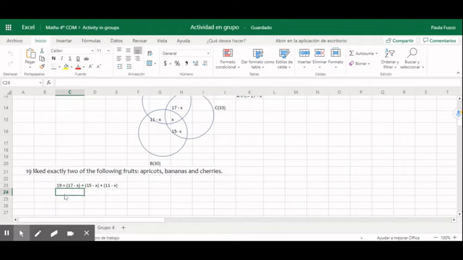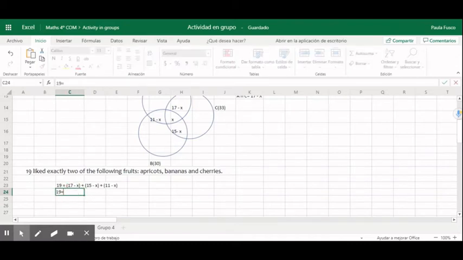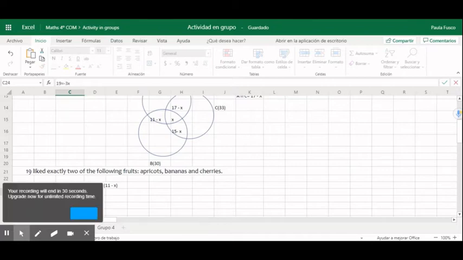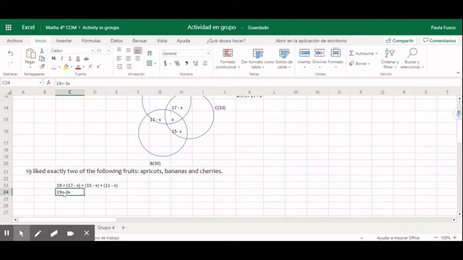So here we are going to write this number. Here we have 3 minus 3x, and then this would be 43, and that's how we find the value of the x.